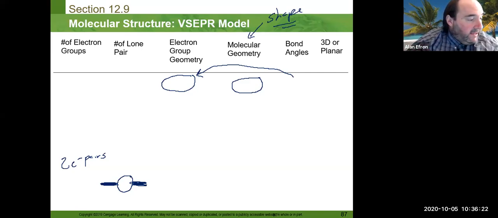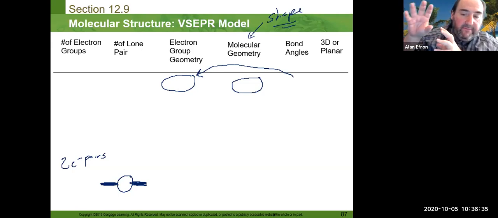The reason is that in that situation we're dealing with only one type of electrons, only bonding electrons. Because there's bonds everywhere and no non-bonding electrons, how the electron pairs arrange and the overall shape of the molecule is the exact same thing.